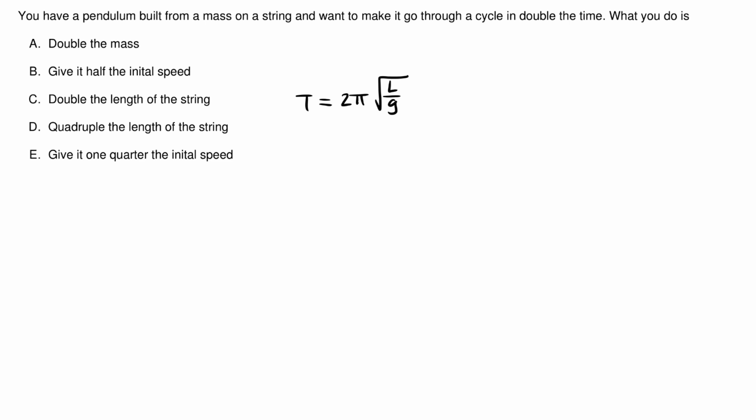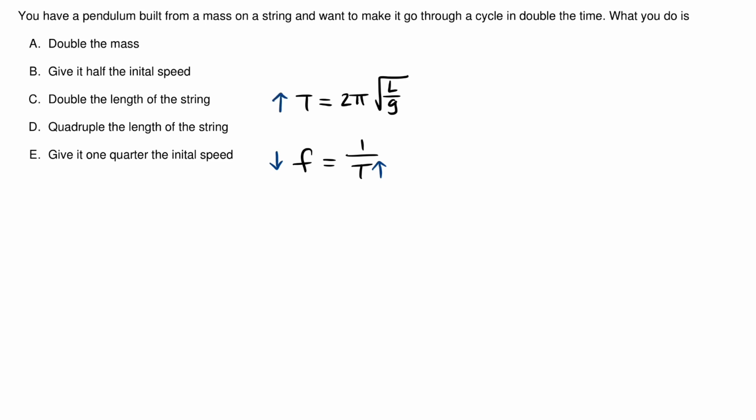That means we want to decrease the frequency, right, because we want double the time. So that means we have to increase the period. So now let's go back to this top equation and see how can we increase the period.